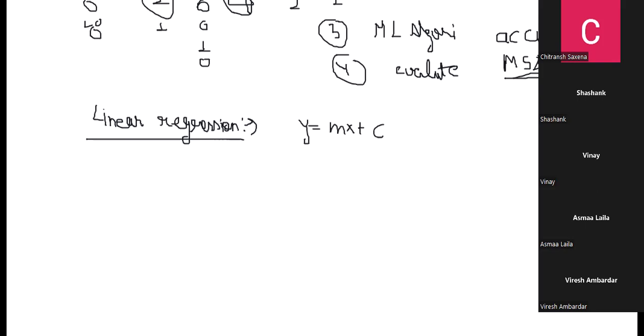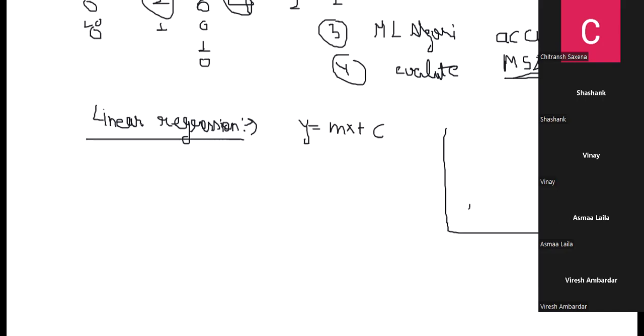Whenever we talk about linear regression, we have data with numerical values. Linear regression is always for regression problems, not for classification problems. Suppose in EDA you check your data distribution.